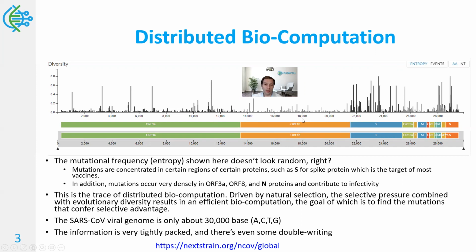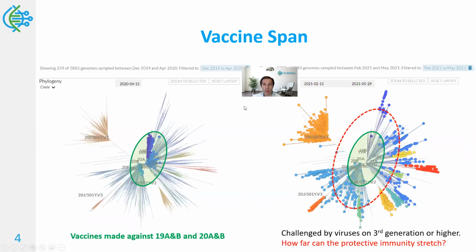They do not metabolize and do not reproduce outside of the host. But certainly there is a certain capability, not intelligence, but selective pressure applied on variants, leading to biocomputation that's distributed, but nevertheless very effective and very significant to us. So you can see more materials here at nextstrain.org.